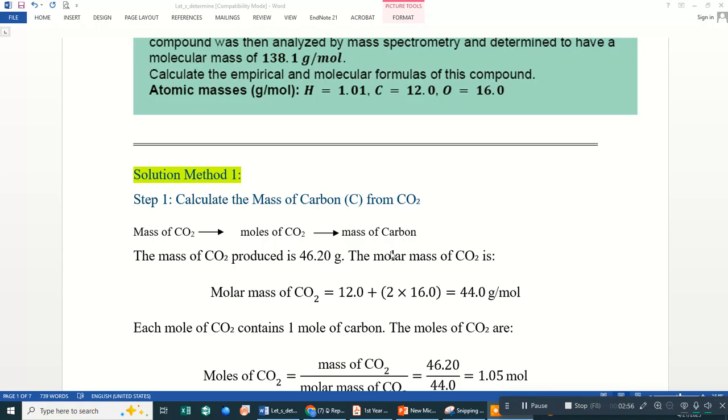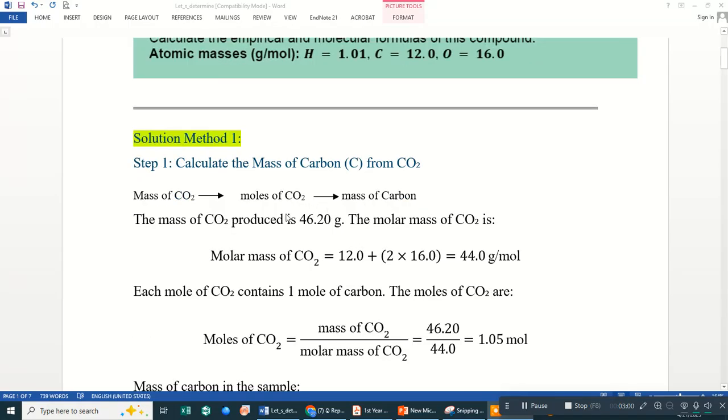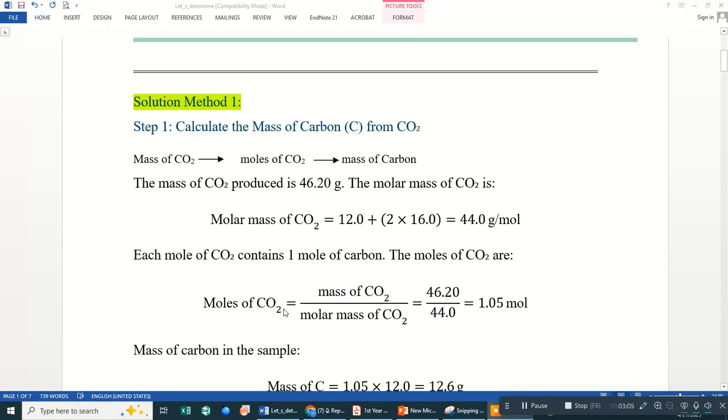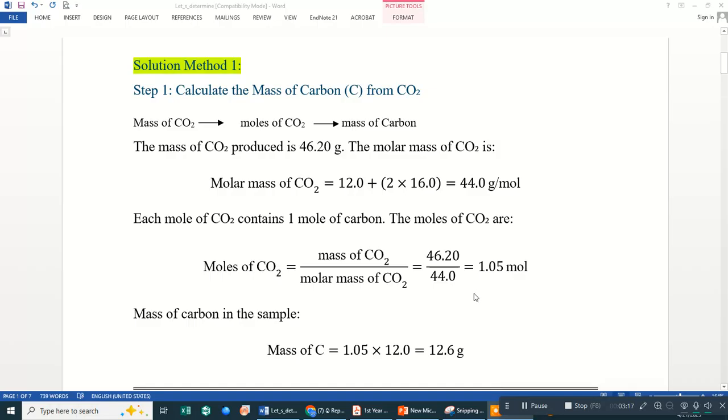First of all, how can we find the moles of carbon dioxide from its mass? We know that number of moles is equal to mass over molar mass. Mass of carbon dioxide is 46.20 gram and molar mass of carbon dioxide is 44 gram per mole. Number of moles of carbon dioxide is 1.05 moles.